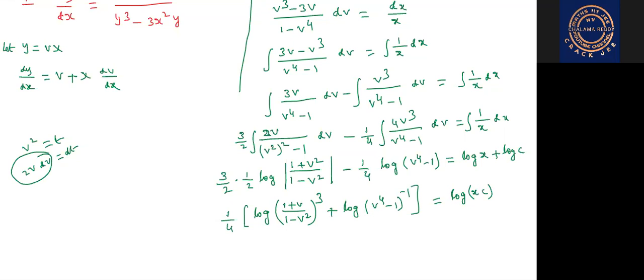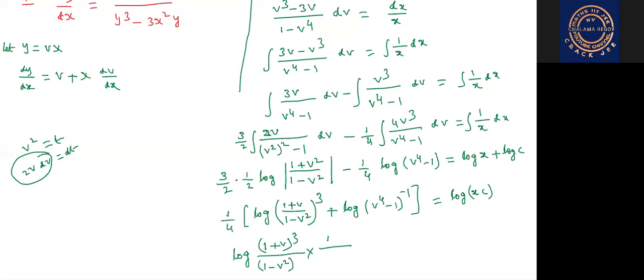Okay, students, 1 by 4 sent to right hand side, and left hand side, observe that log a plus log b, log ab, 1 plus v whole cube divided by 1 minus v square into v power 4 minus 1 whole power minus 1. That means 1 by v power 4 minus 1. V power 4 minus 1, how to write, students?